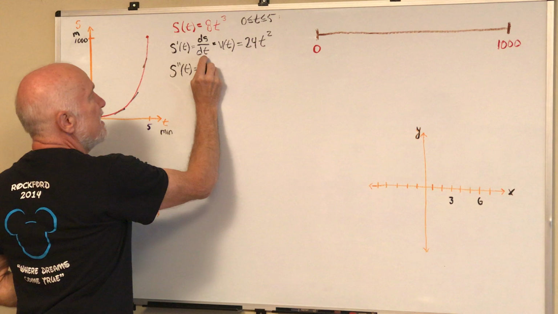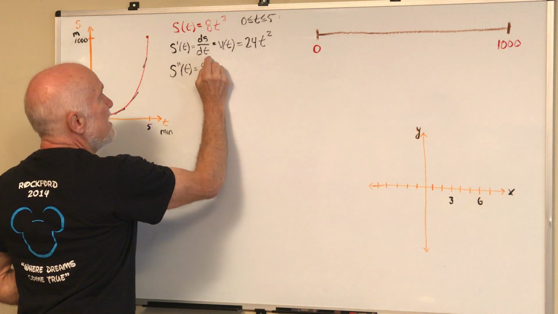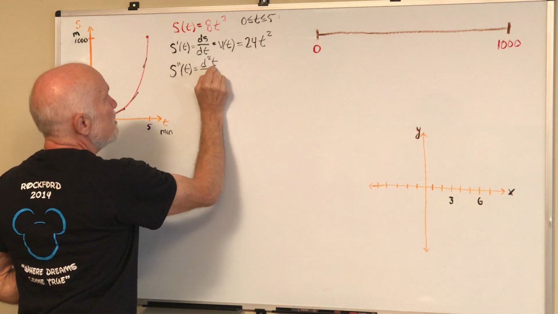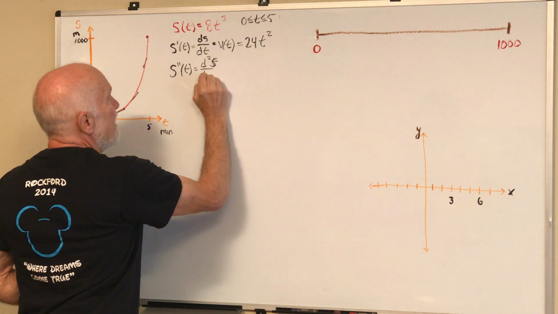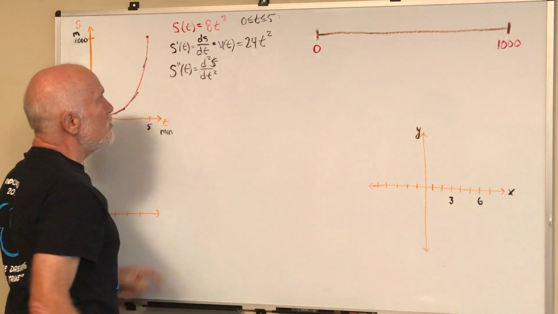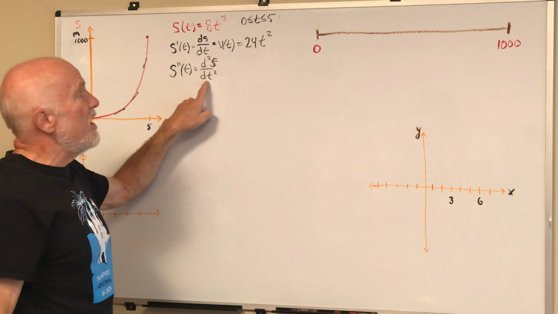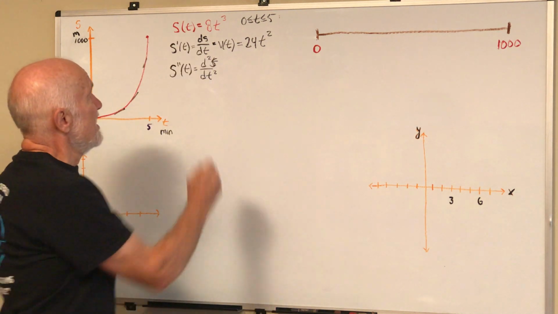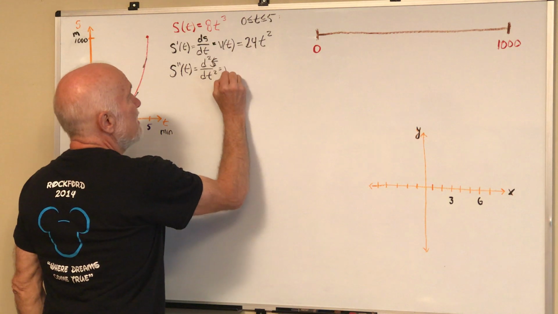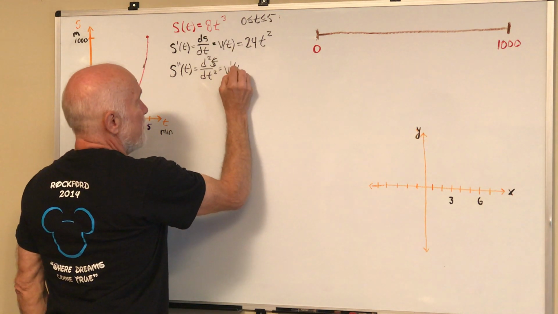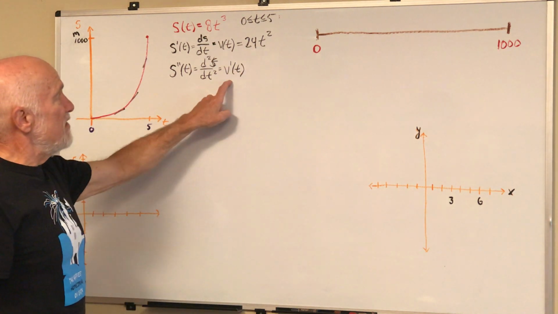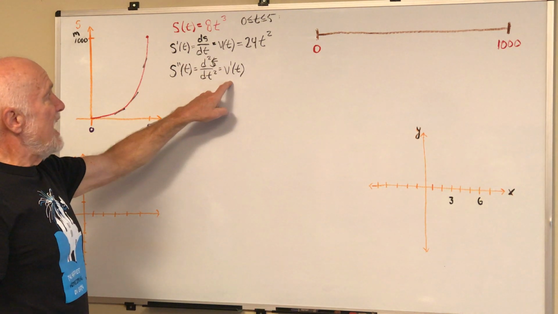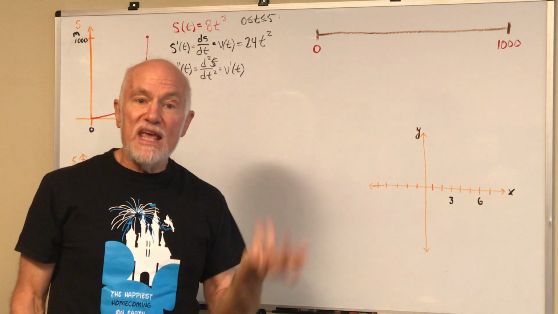Also called in Leibniz notation, don't worry about the notation right now, it's d squared s over dt squared. It just means it's taking the second derivative of s, and it could be called the first derivative of the velocity.